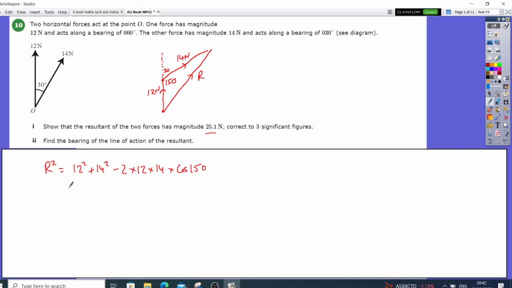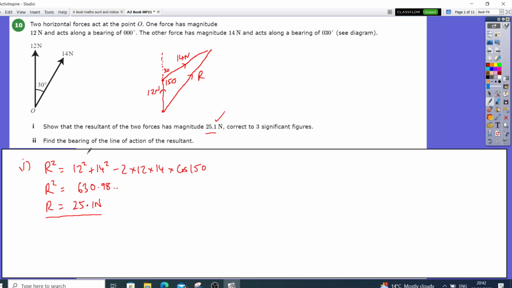If you put that through your calculator, you'll get R squared equal to 630.98, etc. And then if you square root that, you'll get R to be 25.1 newtons, as they wanted. So we've done part one.